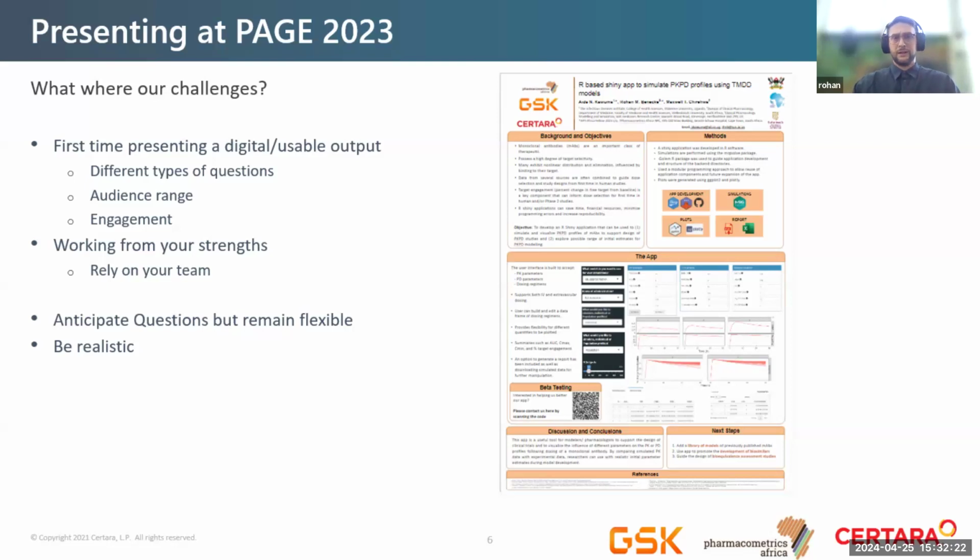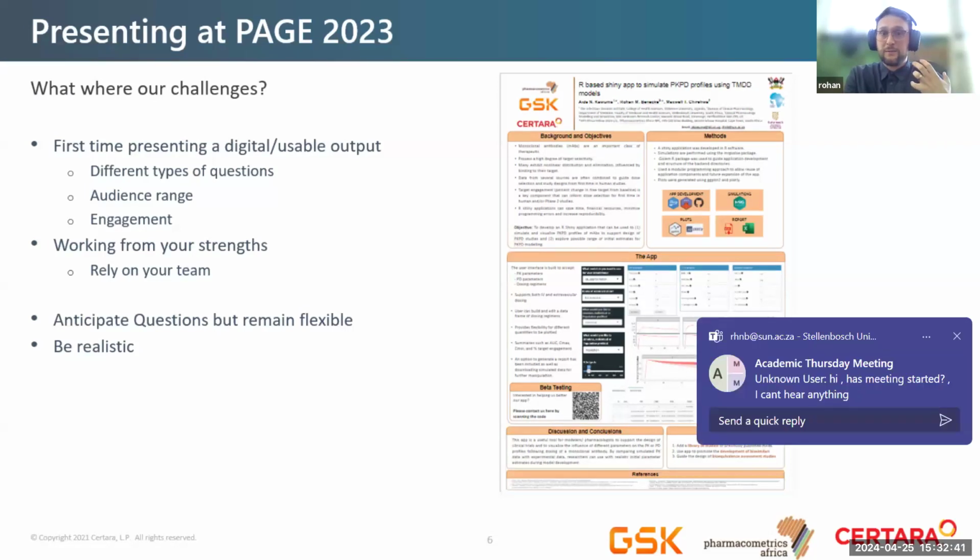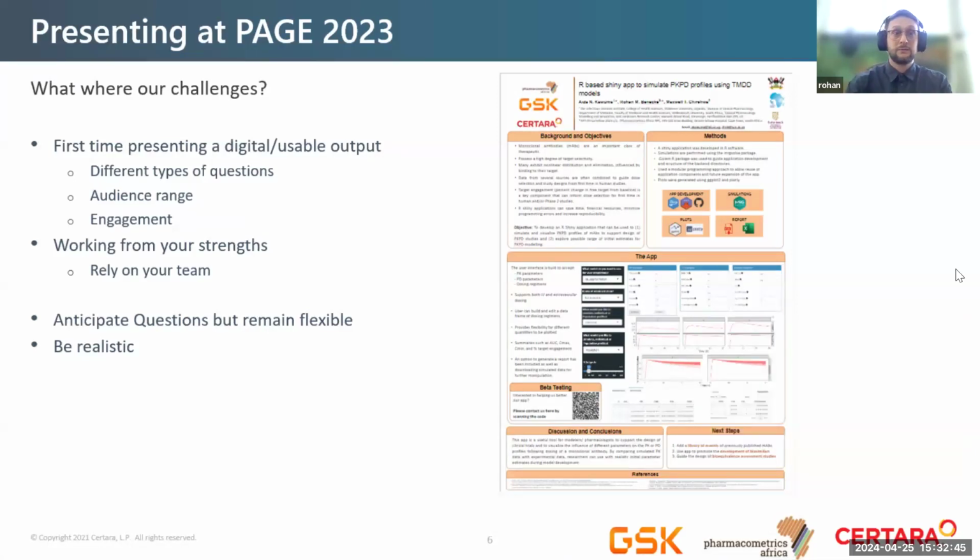This presented itself in different types of questions that I'd never got before, and it was mainly because of the audience range, right? And that determines the type of engagement you would have. So if it's a modeler, the questions would be about what types of modeling questions can be answered with this tool.